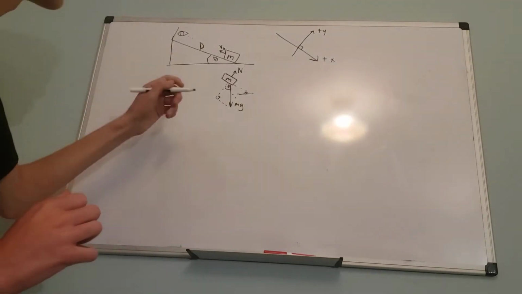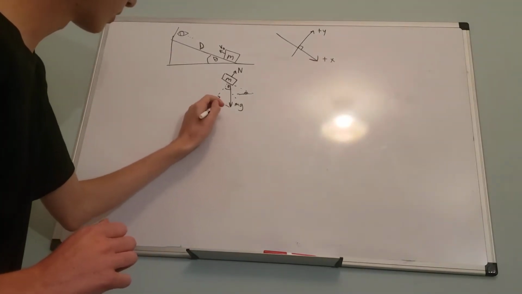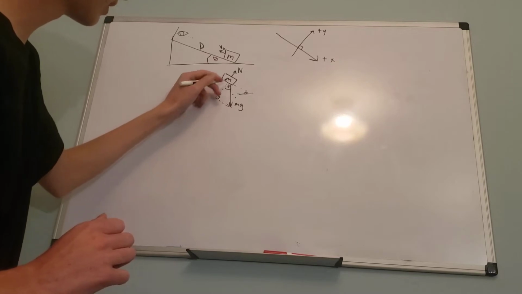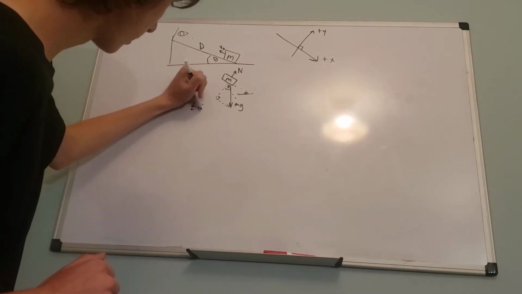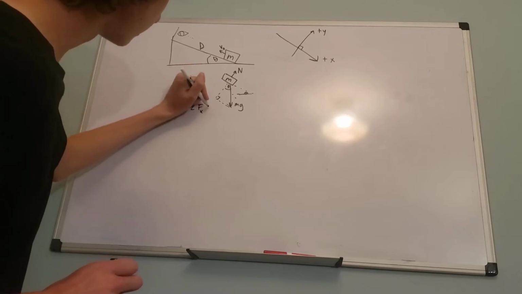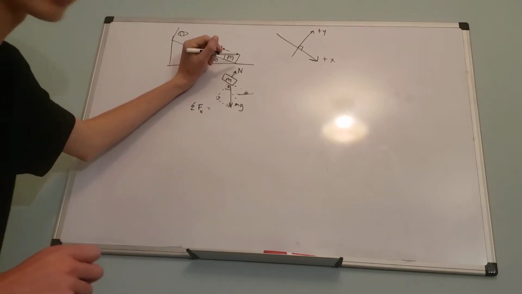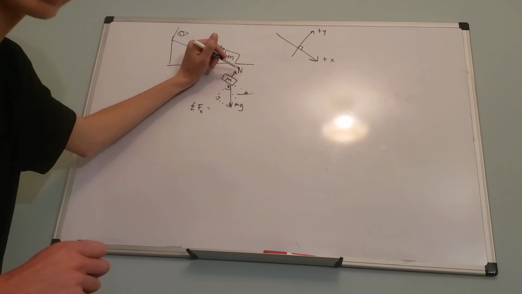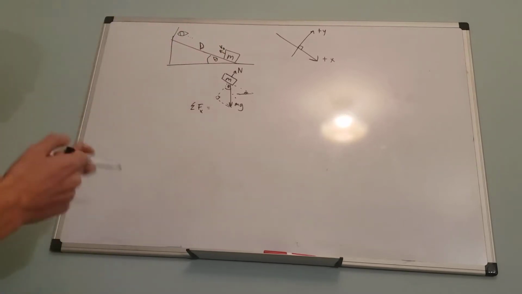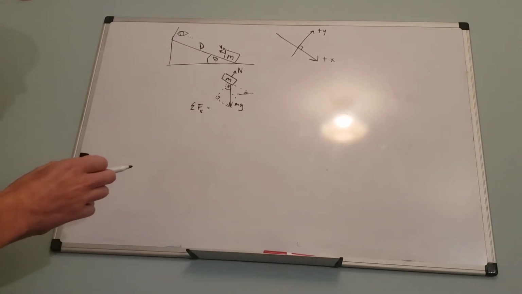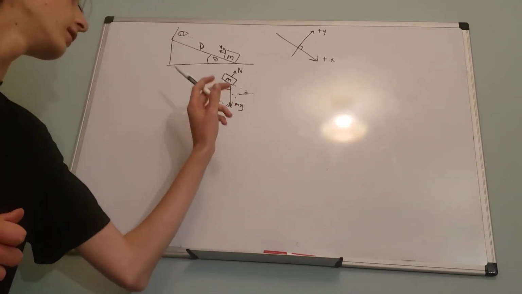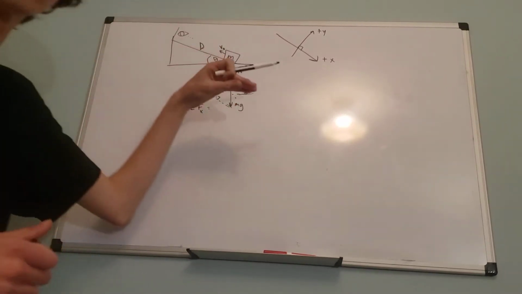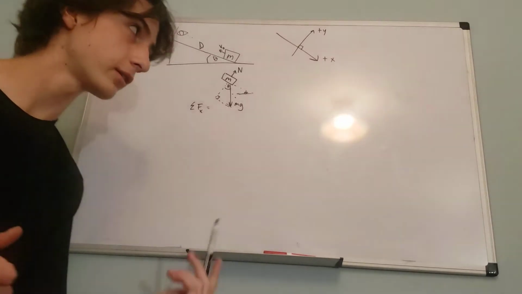In the x direction, this component is going to be mg sine theta. So here's my sum of forces. The normal force does not factor in because it is perpendicular to the x-axis. So the only force is going to be mg sine theta, and it's a positive force because it is pulling the block down the slope, which in this case is in the positive x direction.